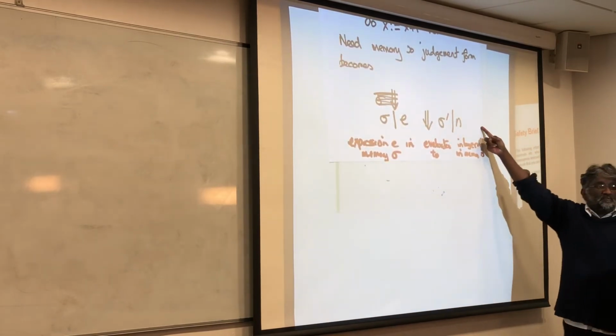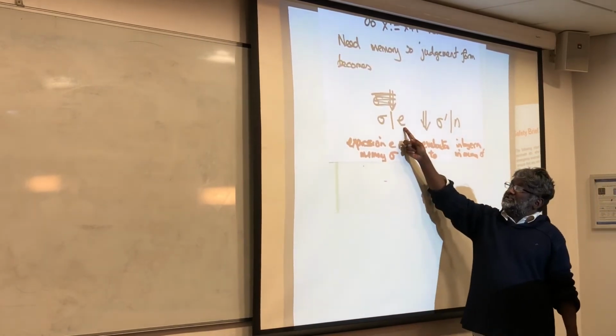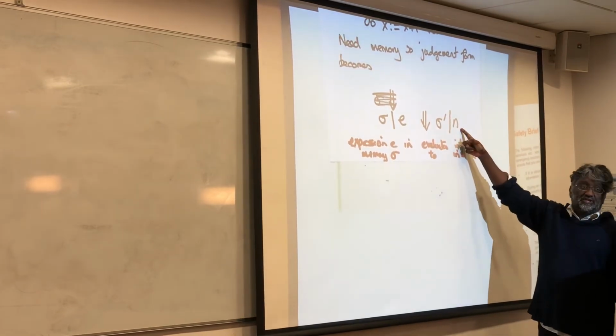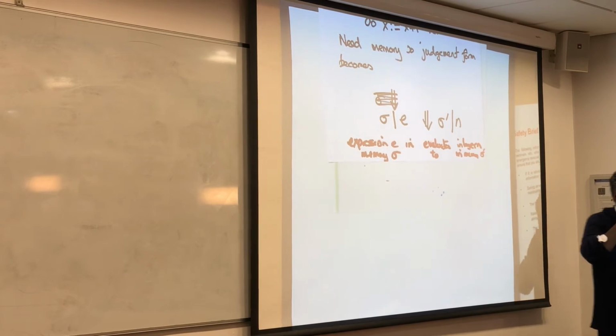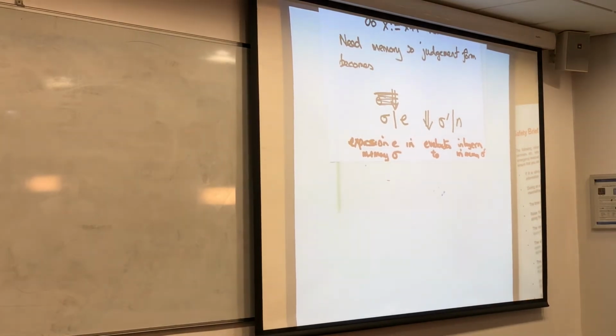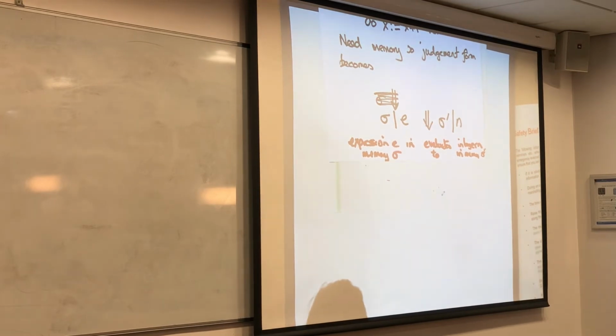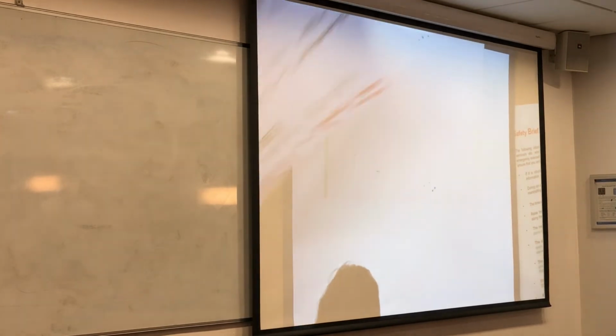So that's what this judgment form can be read as. This expression E, in memory sigma, evaluates to the integer n in the memory sigma prime. So just generalize the judgment form to stick memories in them. Okay. So that's one thing you need to do.